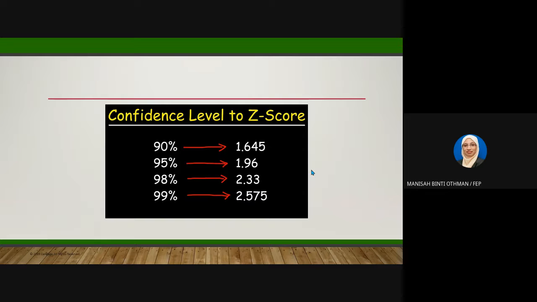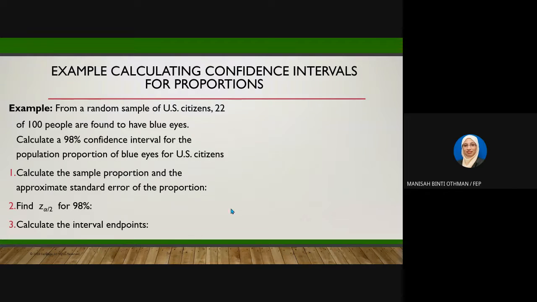Okay, so go directly to the example. From a random sample of US citizens, 22 out of 100 people are found to have blue eyes.